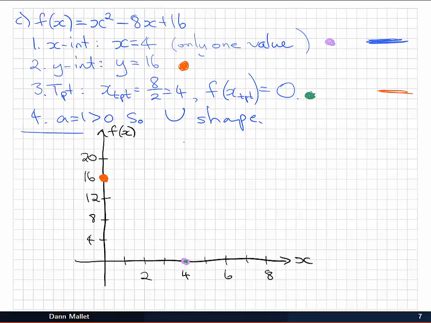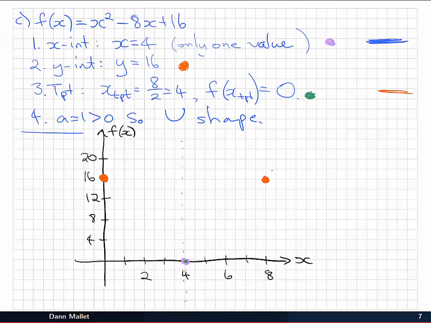Well, remembering that our graph needs to be symmetrical about the turning point, this orange point should be mirrored across to the right of our symmetry line. So I notice that it's 4 across to the left of my turning point, so I look 4 to the right and then move up to the same line as where I've got 16 over on the left. So now I've got at least 3 points that I can work with.